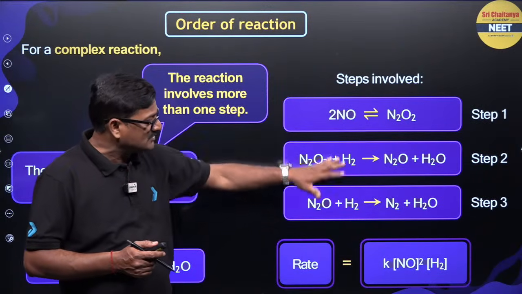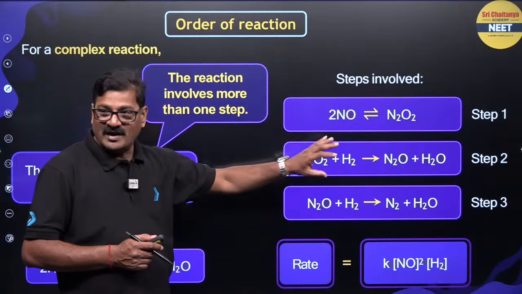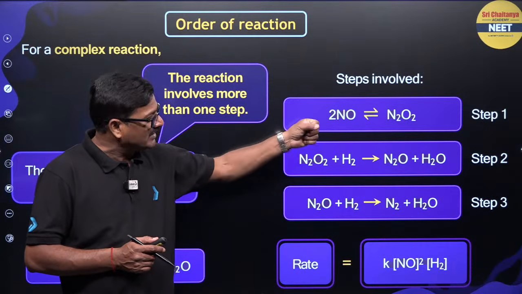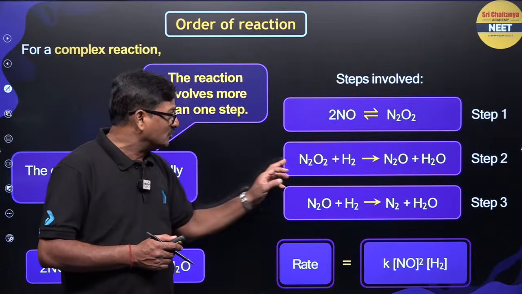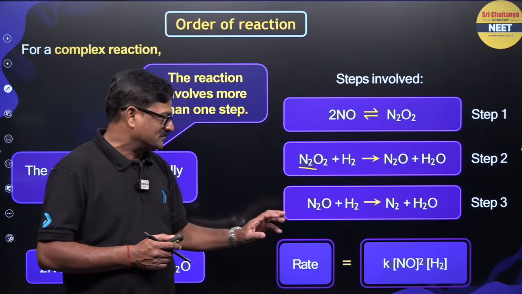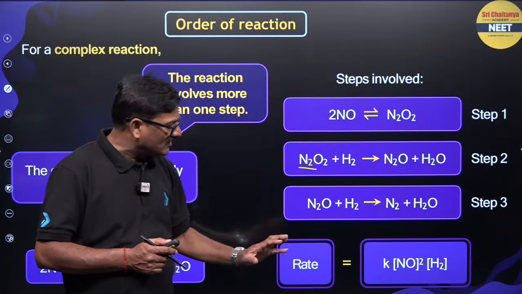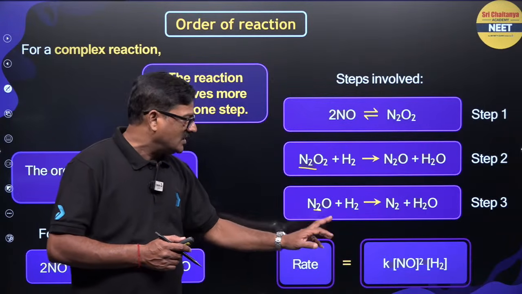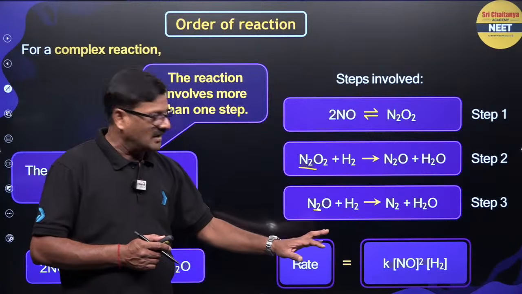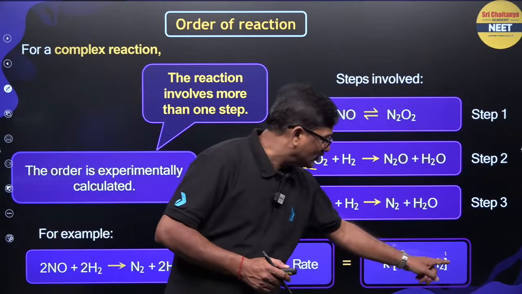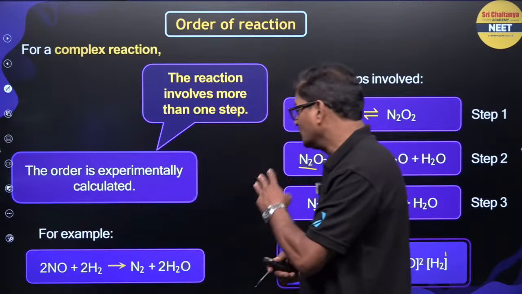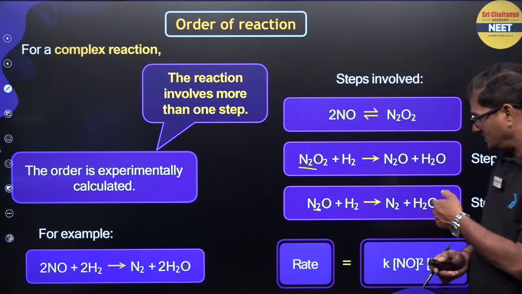There are 3 genuine steps you can say. You may isolate, you may not isolate, the compounds formed in the middle, that are intermediate compounds, that is N2O2 and N2O, right? The overall rate of a reaction is said to be k[N2O]²[H2]. Order is going to be 2 plus 1, which is 3.